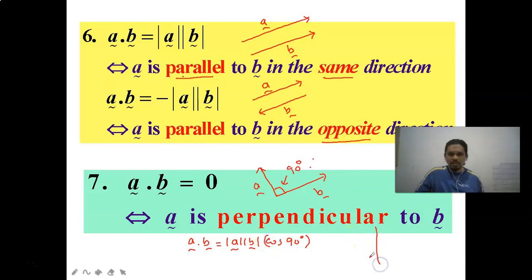If you sketch the graph of cos theta, it begins here from 1, and this is pi over 2, which is considered 90 degrees, and the value of cos 90 equals 0. So 0 times these two will of course give you 0.